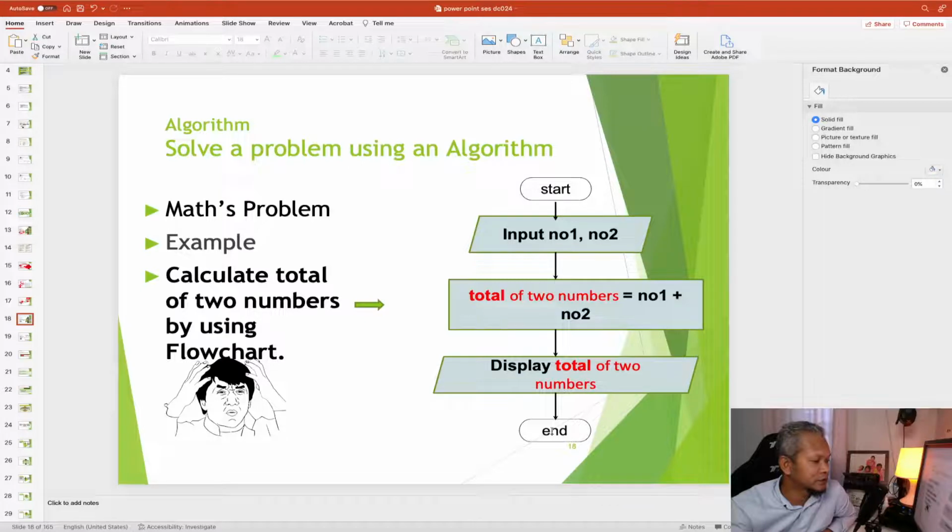So area of rectangle is a multiplication operation. You cannot use x to represent the multiplication, but you use the star. By using the star, the same will be used in computer programming. So from now you can use this star to represent multiplication operation.